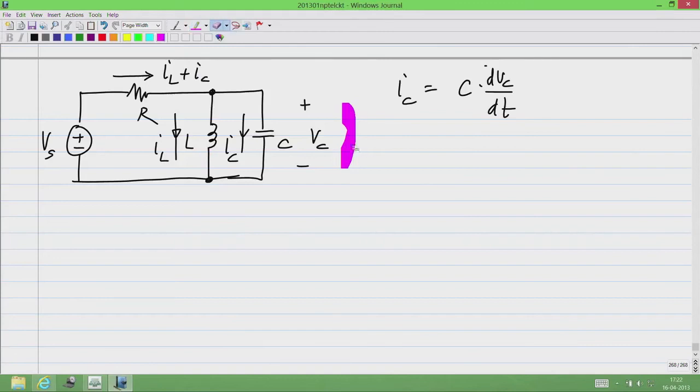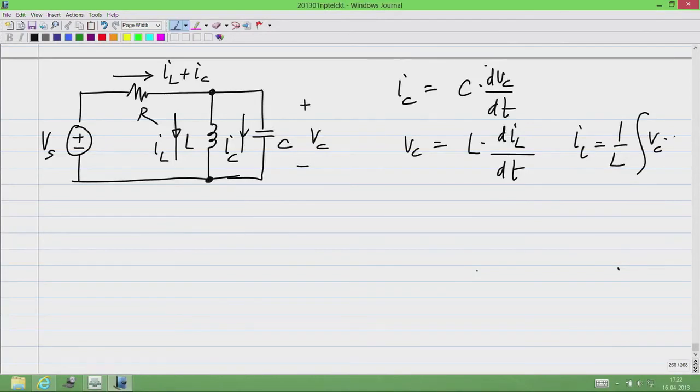Okay. So, the voltage Vc is related to the inductor current by L times dIL by dt, or IL would be 1 over L integral Vc dt, that is because the capacitor and inductor are in parallel.